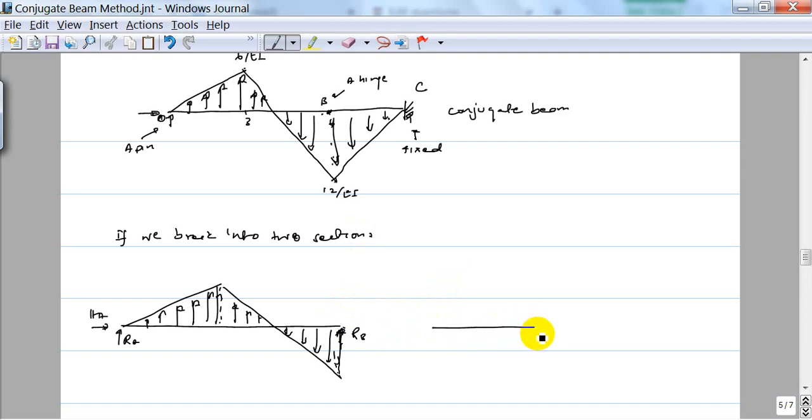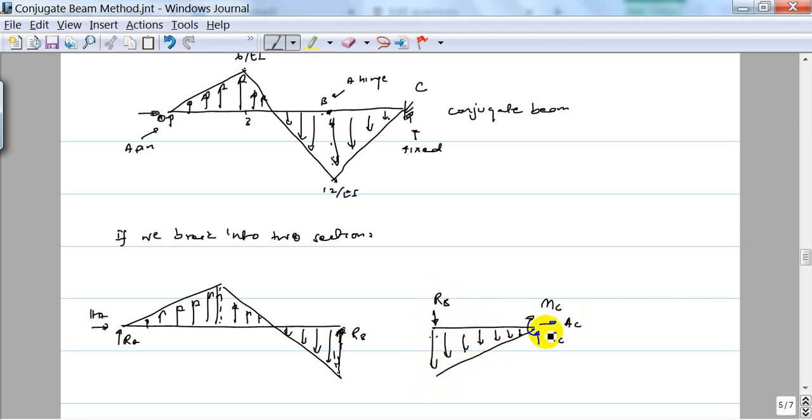Then if you take the next section, you have here RC and MC, and here you have an equal and opposite RB and the load which is acting on the beam.